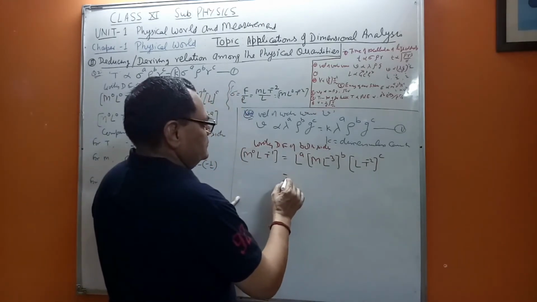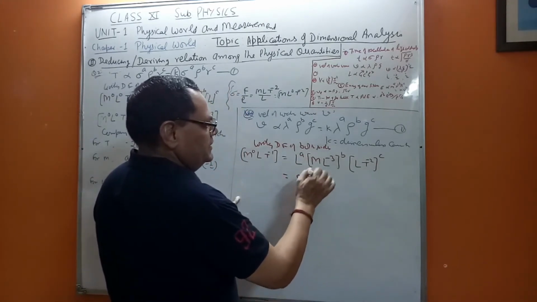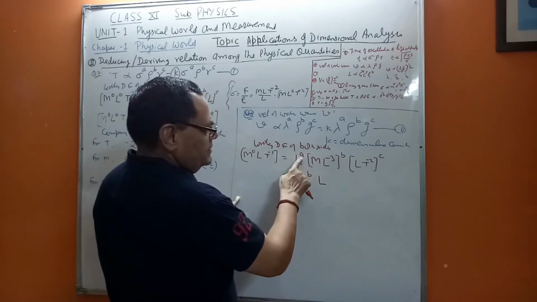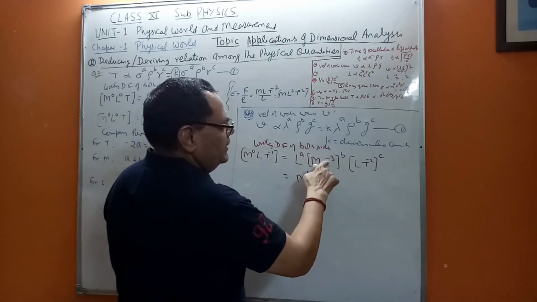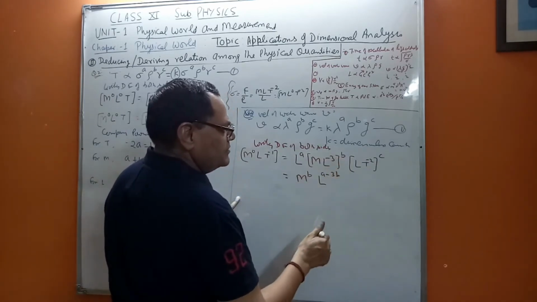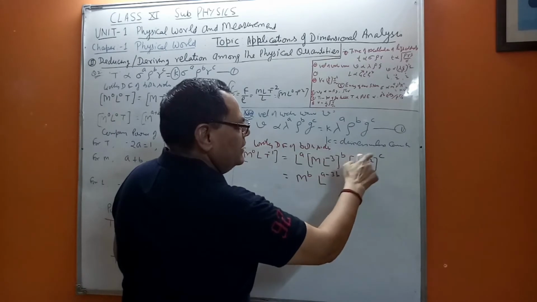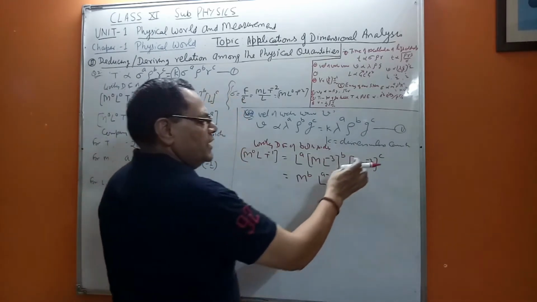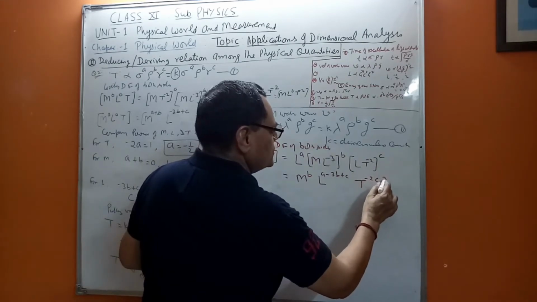Simplify it. M is raised to power B, because here is B. Now L. L is here, this is the A, and here it is minus 3B, because B is multiplied by minus 3. And here is also 1 L, so that is plus C. Now take time. Time here is minus 2C.